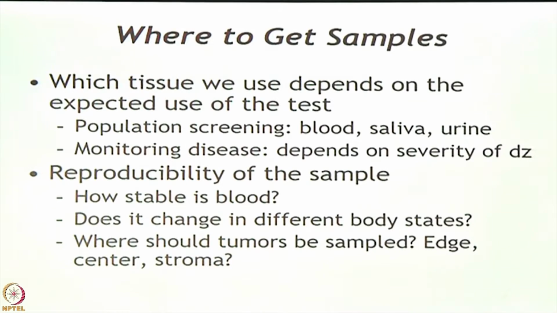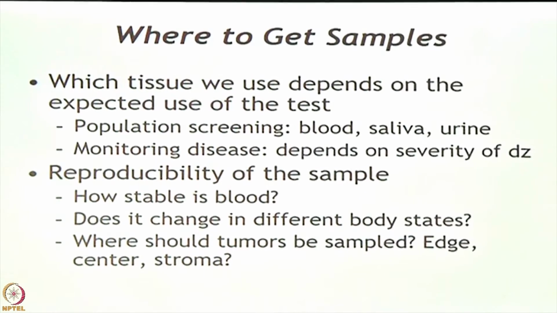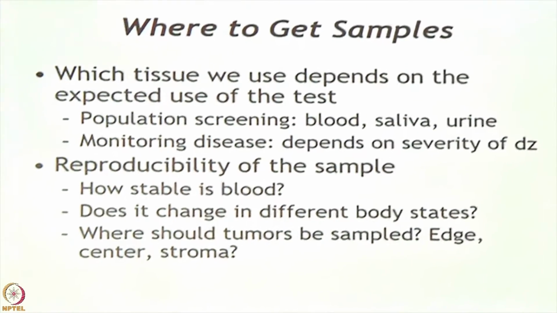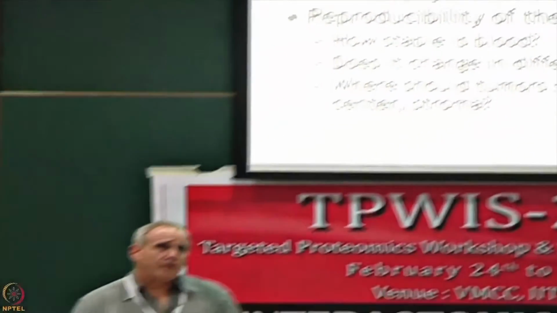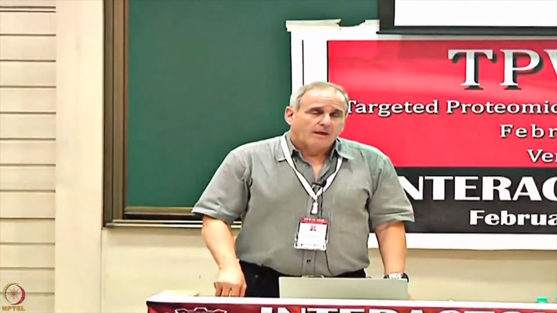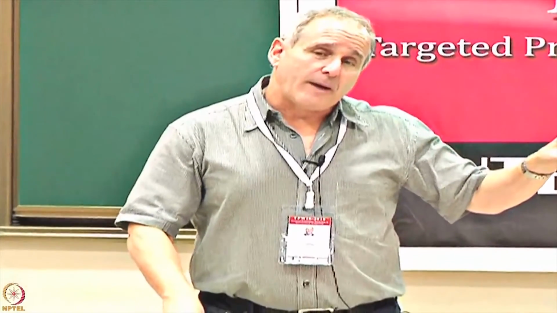Okay, the last couple things I'm going to mention: where do you get your samples? Make sure that the sample that you use is relevant for the use of the test. So imagine if you're going to do a biomarker on early disease detection. We said that you're really going to be testing a healthy population. Healthy people are not going to be interested in giving you biopsies, nor would it be appropriate to put them through that risk, right?